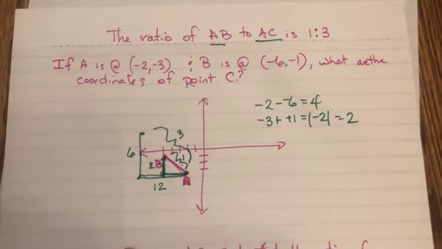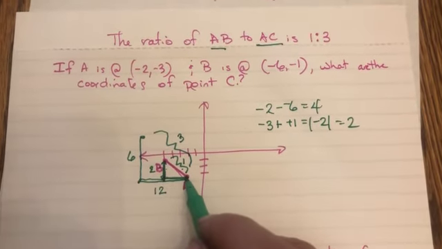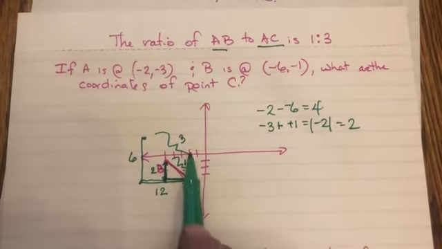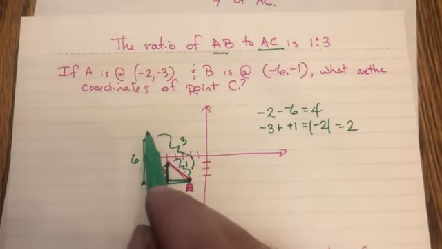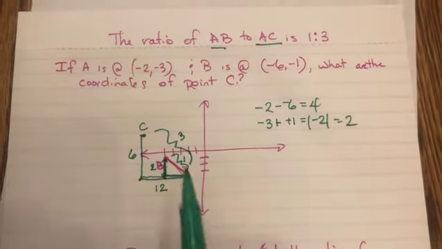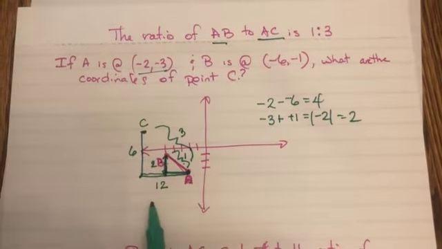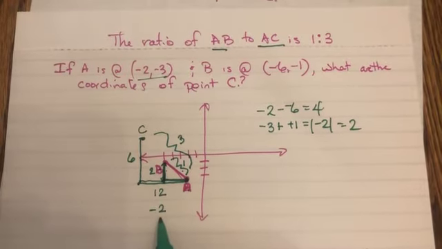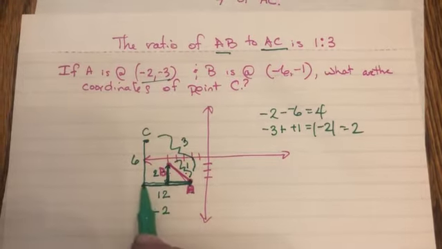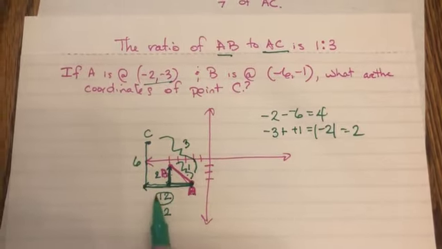And now I can start at point A, and I can find out what point C is by simply going, point A was at -2, and I'm moving to the left 12 units. So I'm at -14.